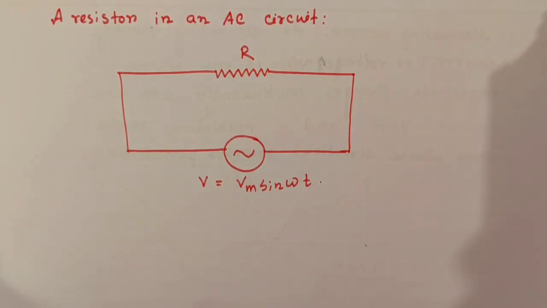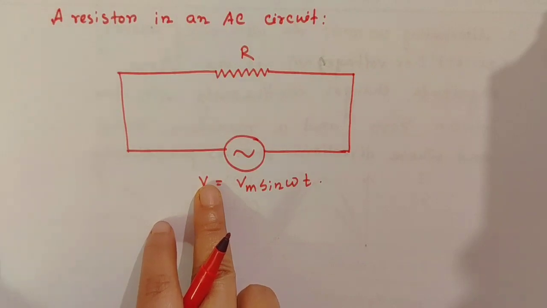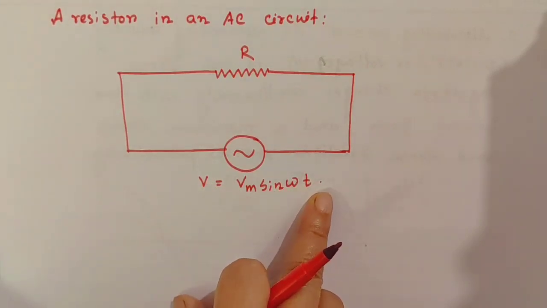Okay, suppose the output of the AC generator is sinusoidal and varies with time according as V is equal to Vm sin omega t.